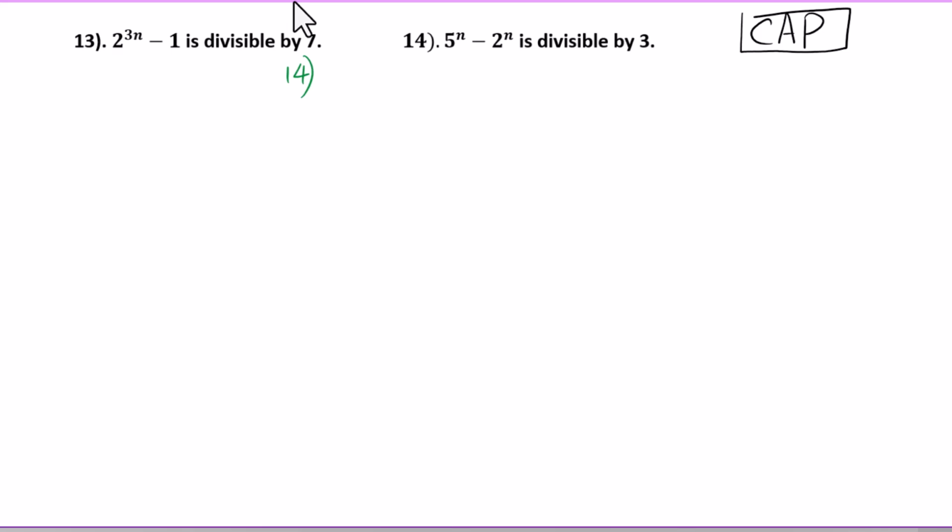Let's go to number 14. We want to prove that 5 to the nth power minus 2 to the nth power is divisible by 3. Check. It's true for n equals 1: 5 to the first power minus 2 to the first power equals 3. It's true.